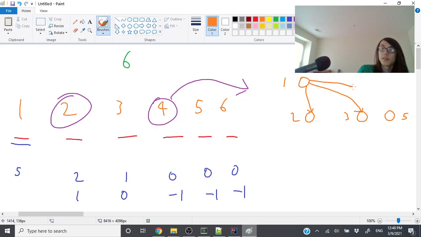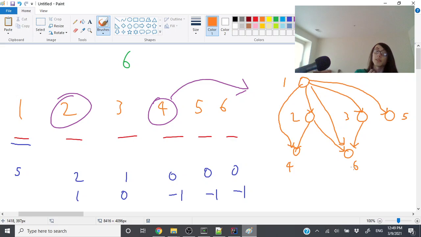And we can take 5 only if we've taken 1. Now 4 has the divisors of 2. Actually, wait. There's a better way to draw this. For 4, its divisors are 2 and 1. So now we can only take this 4 if its divisors have already been taken. And 6 has all 3 of these as divisors. So yeah.